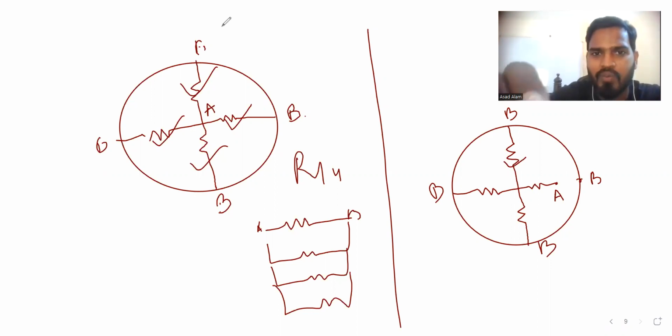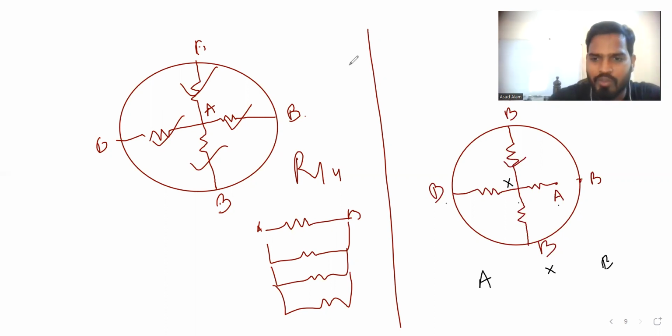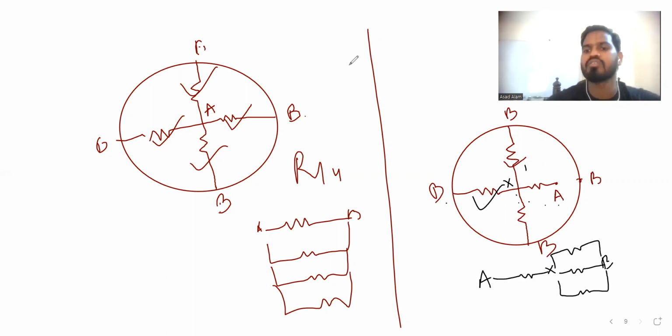Now one more point you have to take here. Let's consider this point as X. You cannot take this as A, because in between there is a resistor. So all the resistors are between B and X, BX, BX, BX, and then AX.